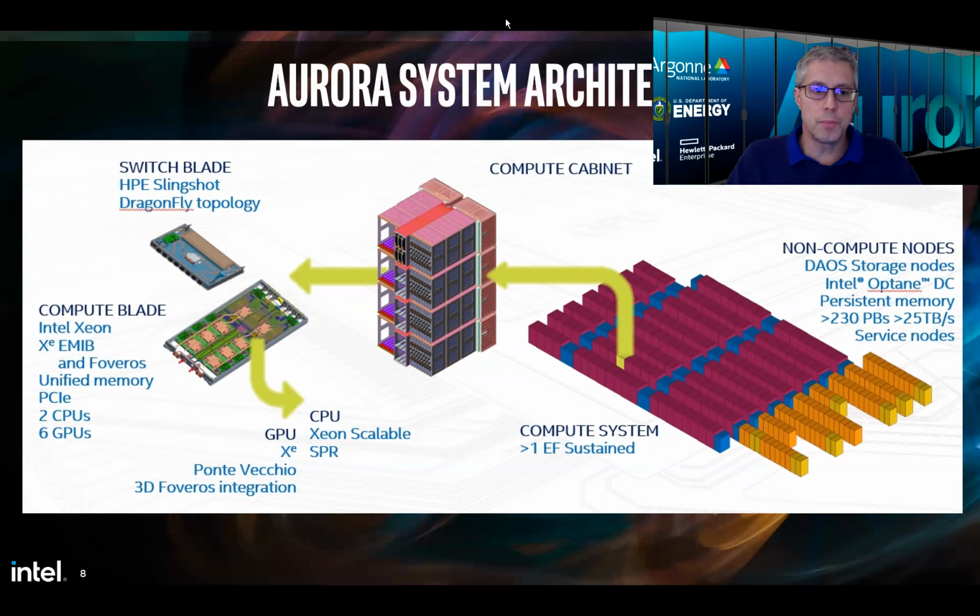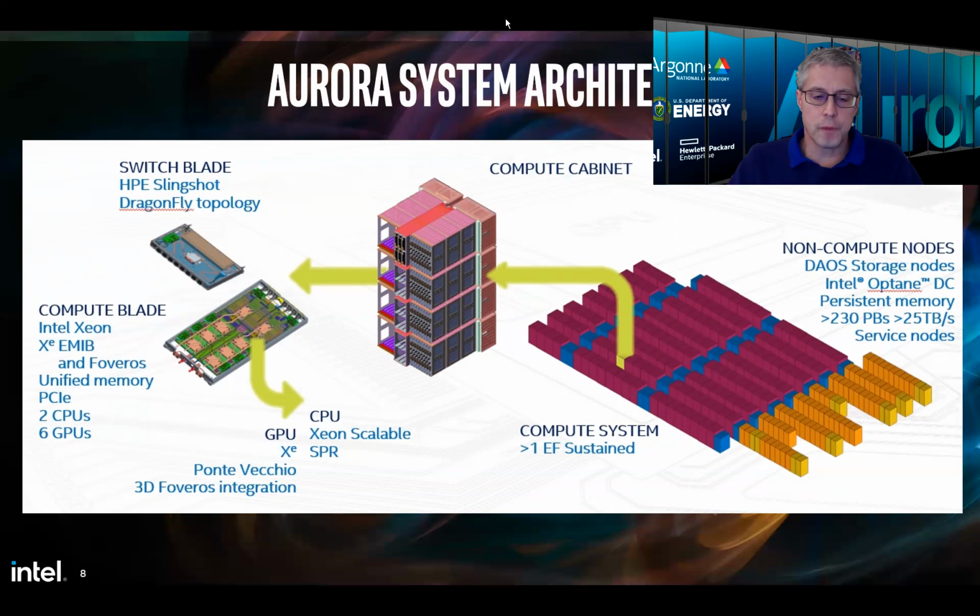Each compute blade consists of both an Intel Xeon as well as an Intel GPU, X to the E. And the X to the E, if you've been following the news, uses tight integration, using integration technology, both EMIB as well as Foveros. The Ponte Vecchio, that's the code name for it, which was announced last year at Supercomputing, has unified memory and uses PCIe.